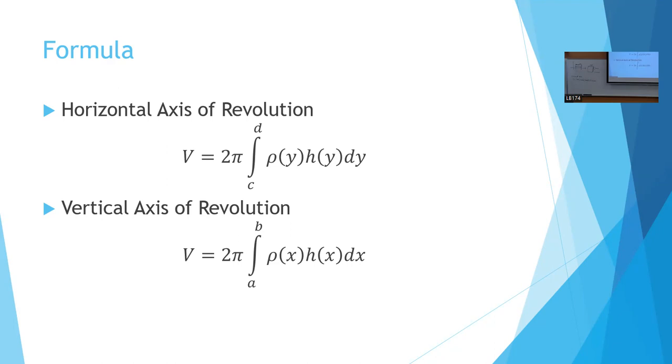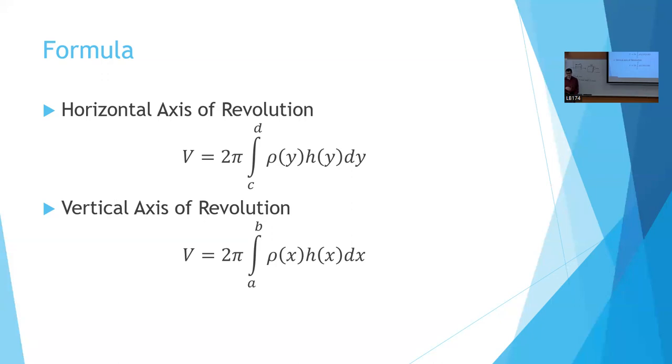All right. And hopefully you noticed in the picture that I had drawn, it had to be that way because in the disk method, I would have drawn my Riemann sum rectangles vertically in the picture I had on the board. Whereas in the shell method, I have to draw my Riemann sum rectangles horizontally.